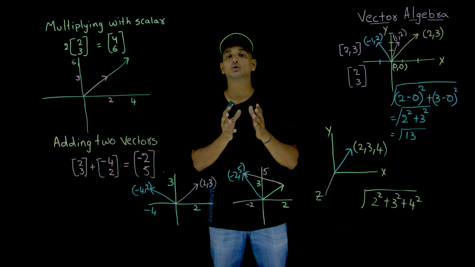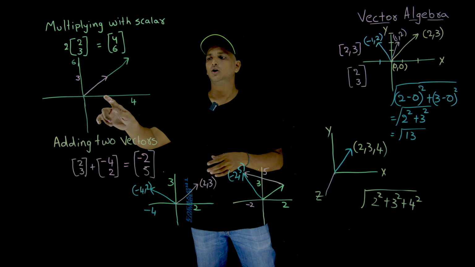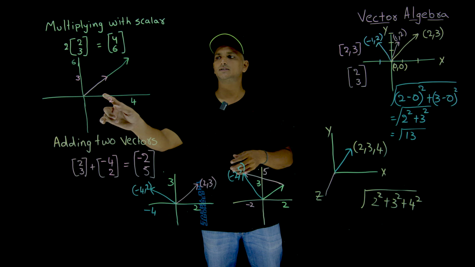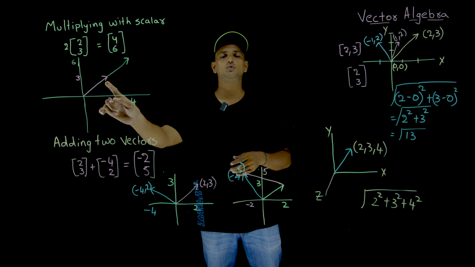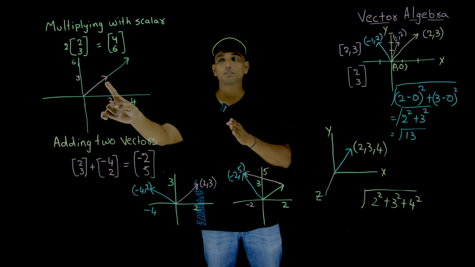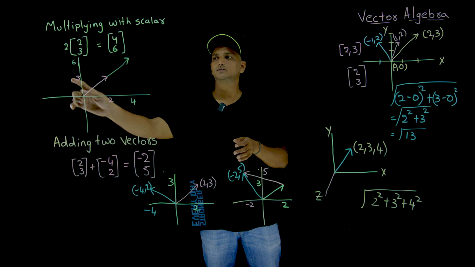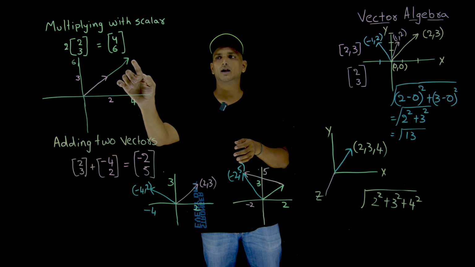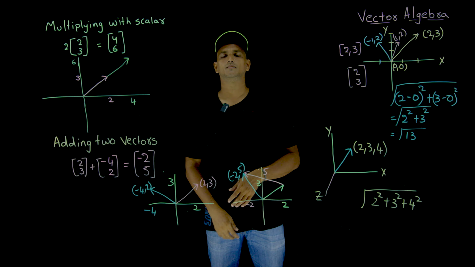And the graphical intuition, what happens when you multiply with a scalar, that is the point you need to understand. 2 units towards the x-axis, 3 units towards the y-axis. See this pink line, we call it the (2, 3) vector. When it is multiplied by a scalar, the 2 value increases to 4. The 3 value increases to 6. Means 4 units towards the x-axis, 6 units towards the y-axis, and the vector is this (4, 6).